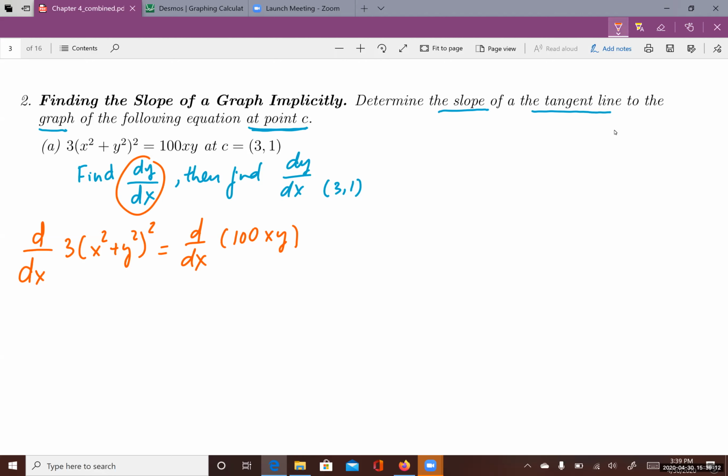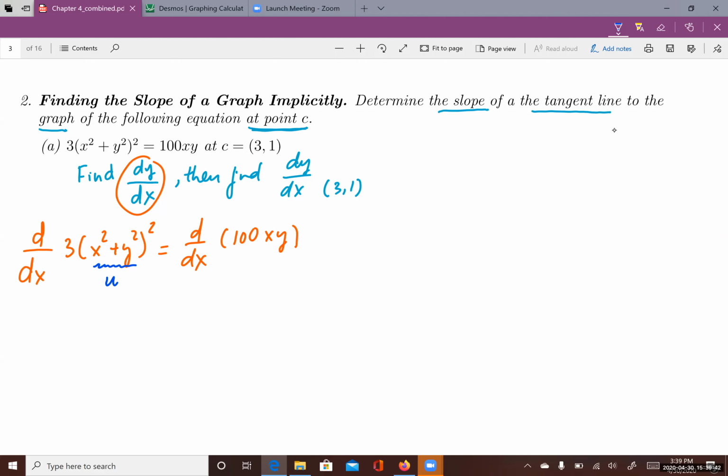On the left here, as you see, you have 3(x squared plus y squared) squared. So you have to think of this as u, right? You're taking this differentiation using the chain rule. Using the chain rule, you see that the inner function is u, and the outer function is u squared.